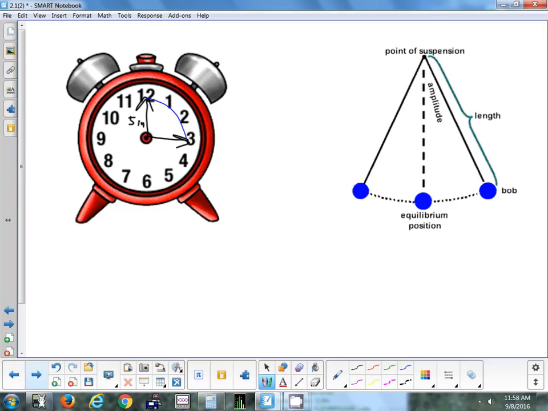What's it really asking for? What kind of problem is that? That's an arc length problem. How far does the tip of the minute hand move? That's an arc length. And the length of the minute hand is really like your what? That's your R, right? That's your radius of that circle.